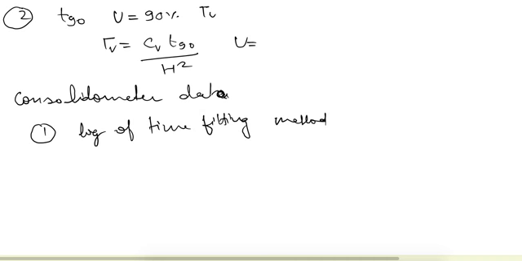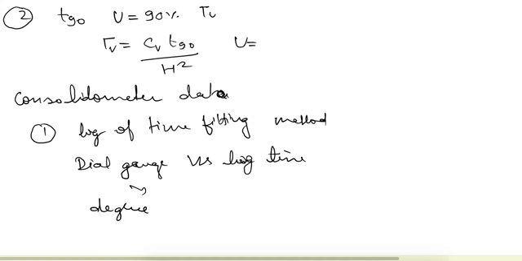So the plot between dial gauge reading versus log of time is similar to degree of consolidation, that is U, versus log of time factor. So these two plots are similar.